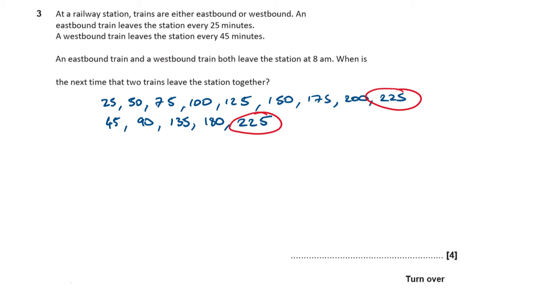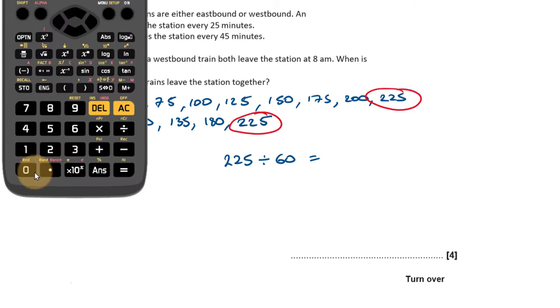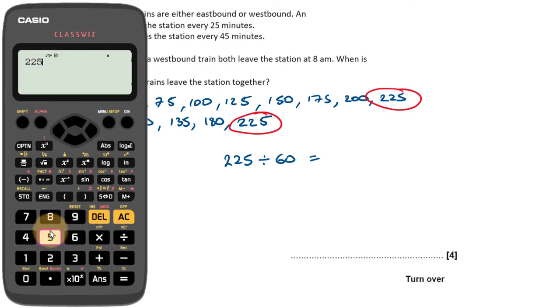It's 225. Okay, so that's 225 minutes, isn't it? Now to convert that into hours and minutes, all I need to do is divide 225 by 60. So 225 divided by 60 is 3.75 as a decimal.